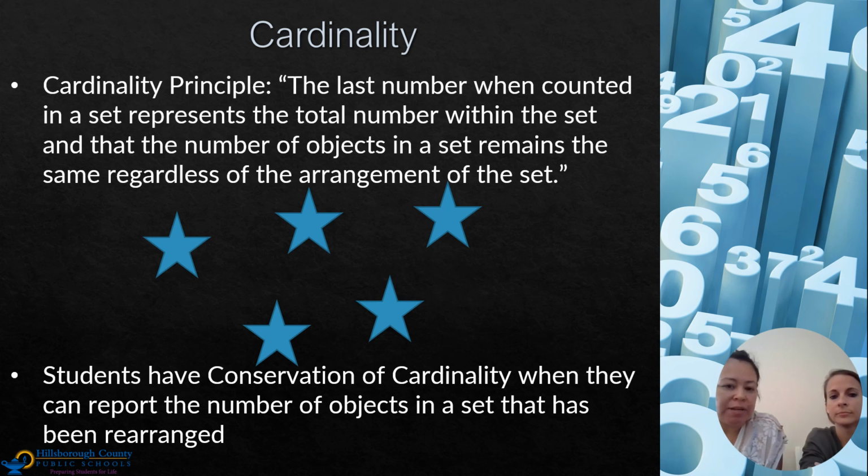But if they have to recount it, then they need to work on that conservation of cardinality. Yes, they may understand the cardinality principle and they can still count them and tell me there's 5, but it's the conservation of cardinality that really goes to show that if I don't add any, if I don't take any away, even though it may look different or be in a different arrangement, I still have the same number of objects. All right.